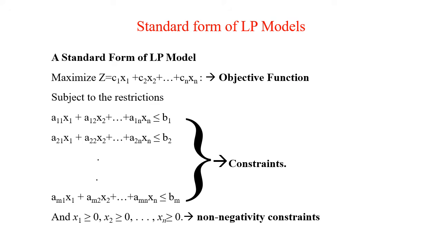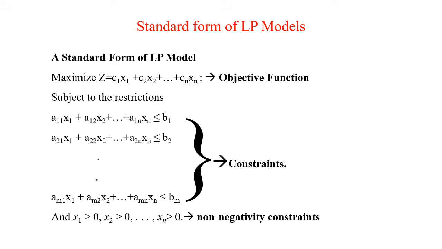The standard form of linear programming models after formulating the real problem looks like this. Here is the standard form. The standard form consists of the maximization problem or the objective function. The objective function, by the way, can be minimization or maximization, and is subject to the restrictions. As you see, here are the restrictions.